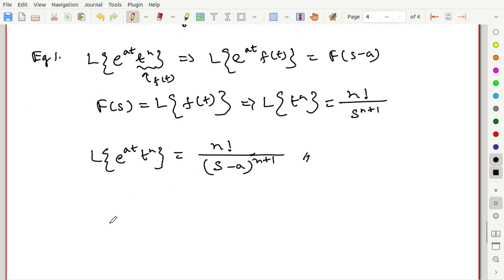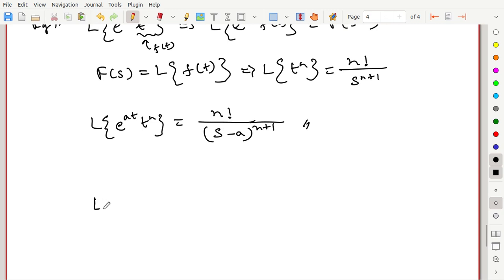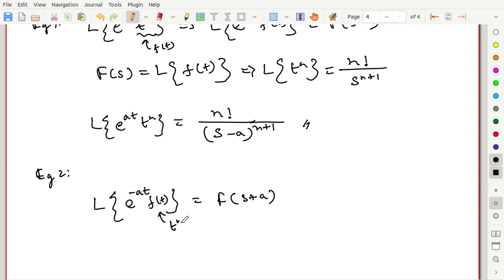Similarly, example 2, we find the Laplace transform of e power minus at t power n. If we have f of t, then it is F of s plus a, and in place of f of t we have t power n.